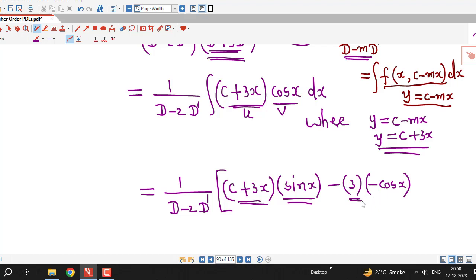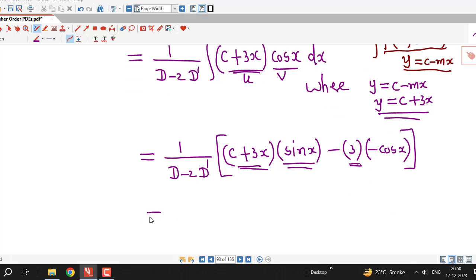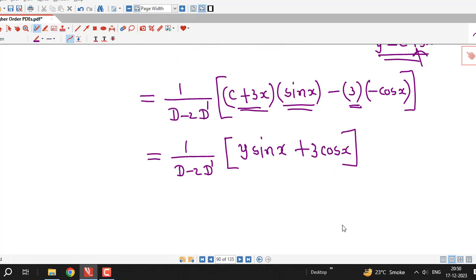In the next step I have to write the derivative of 3, but it becomes 0. So this is as it is, and after integration I have to replace this c plus 3x by y. So I am replacing this c plus 3x by y here: y sin x plus 3 cos x.